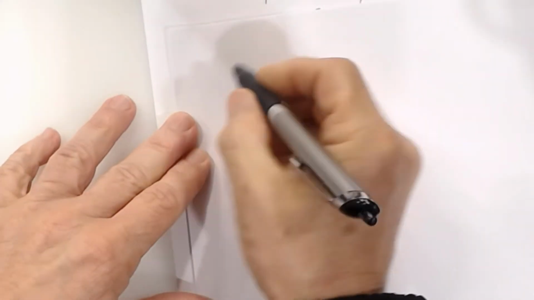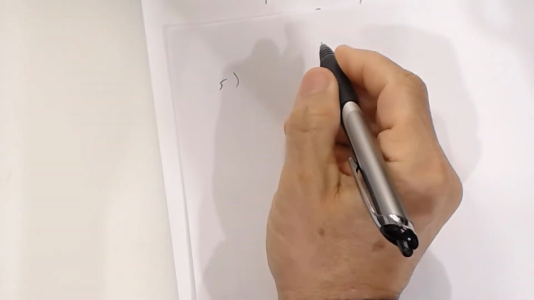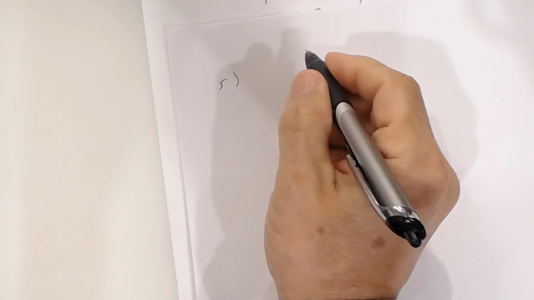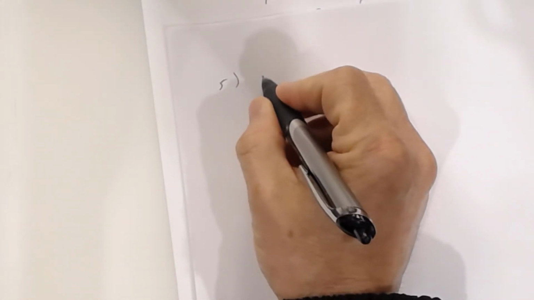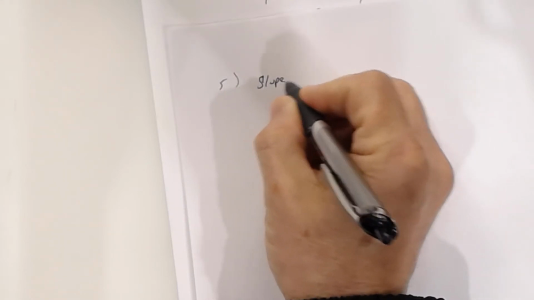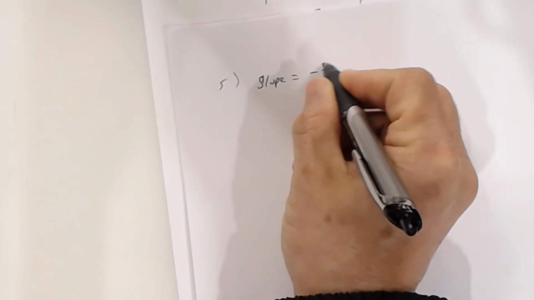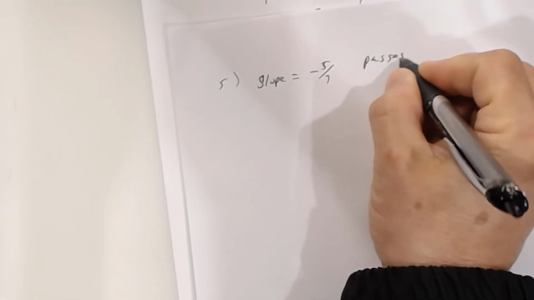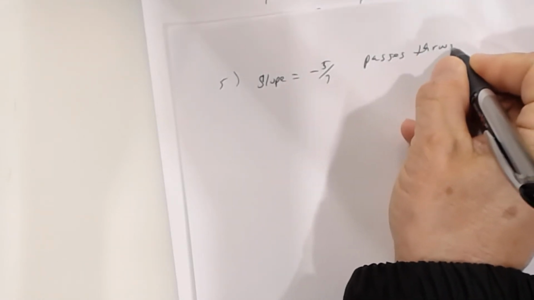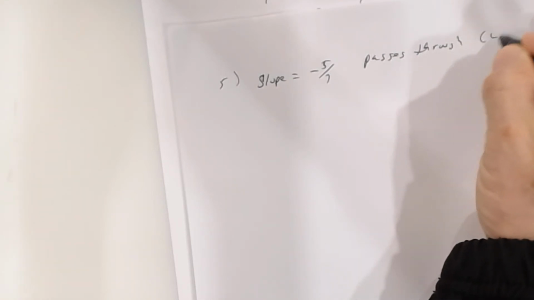Number 5. Let's suppose this time that it has slope equal to negative 5/7, and it passes through 4, 6.